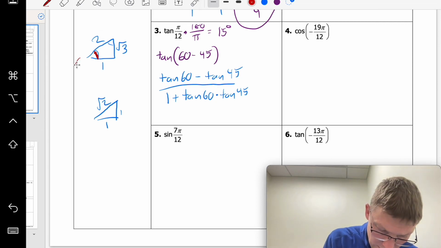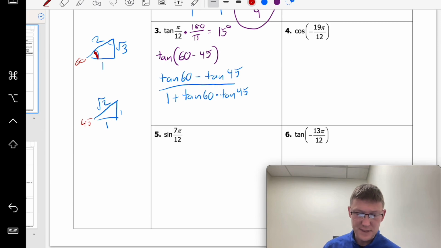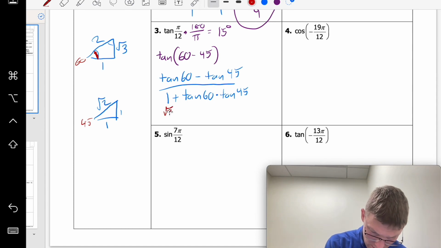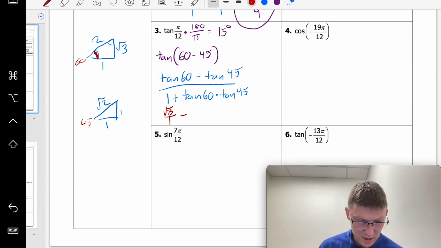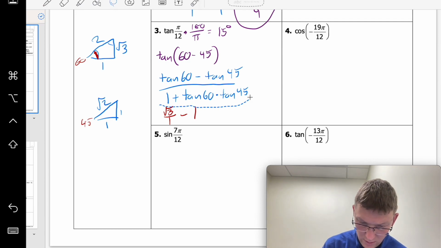So this is my 60 degrees. This is my 45. So tangent of 60 is opposite over adjacent, square root of 3 over 1, minus tangent of 45, opposite over adjacent, 1. Okay, we got to move some stuff around.